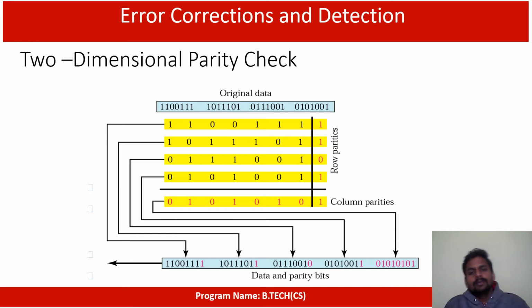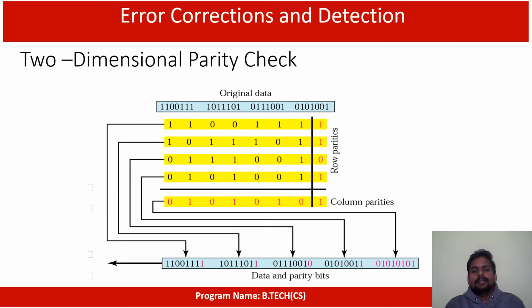In this place we have to look at the column-wise and row-wise parity values. First they take one value and keep it at the top: 1100111, then 1011101, then 0111101, again 01010001. Those numbers are the original data.